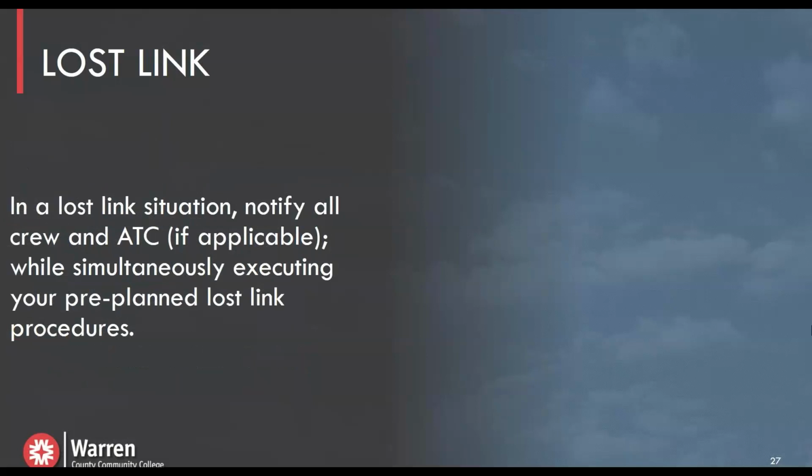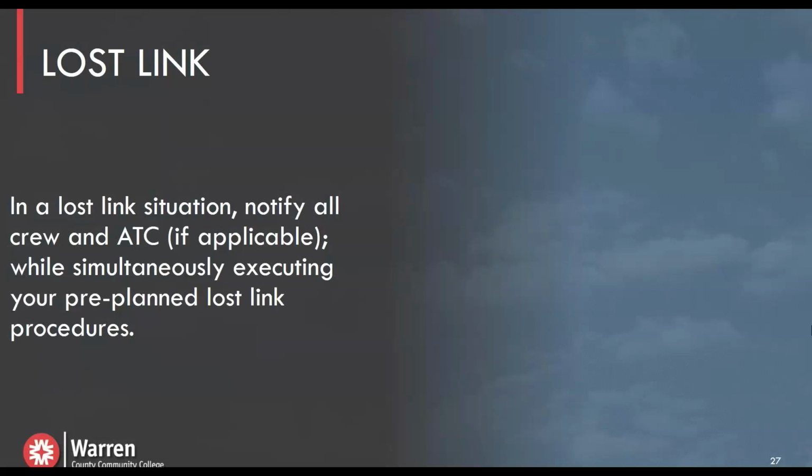In a lost link situation, notify all crew and air traffic control if applicable. If you're out in the Class G area, you don't need to call air traffic control. You may need to call if it flies into Class E airspace and it's a flyaway, depending on your proximity to airports. But if you're at the airport and you have a lost link, you're obviously not going to be able to follow ATC recommendations or commands.